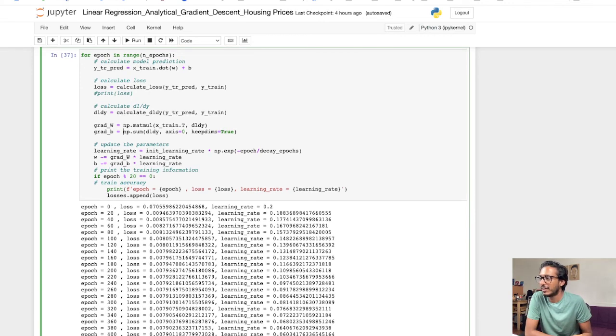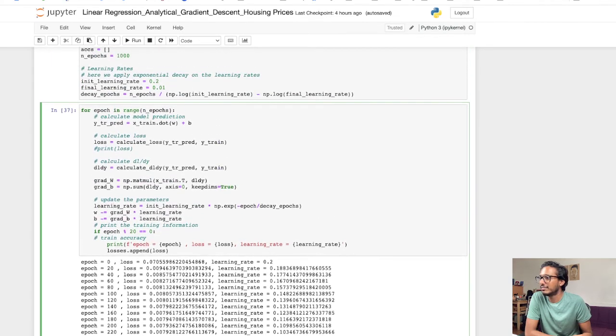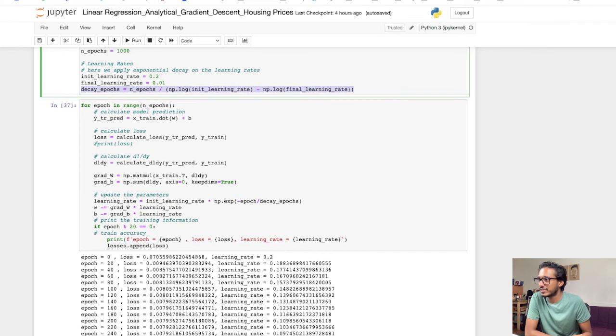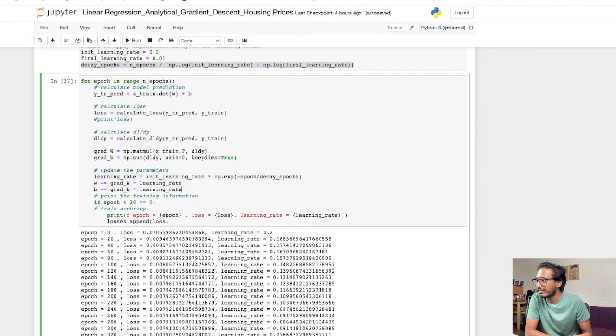And we update our learning rate using the per epoch decay, which we calculated up here. So using that we calculate a new learning rate, and here we update the parameters.